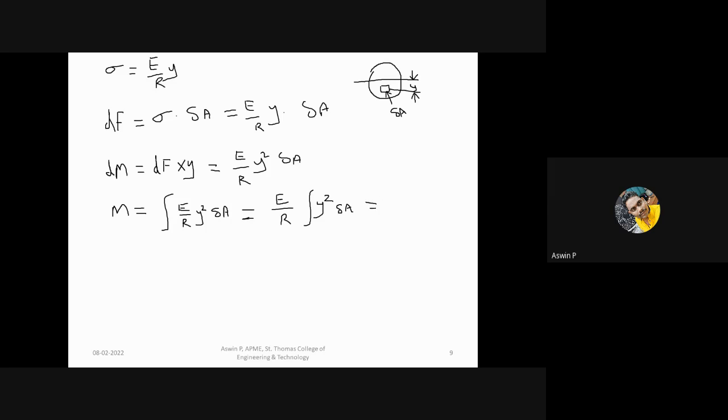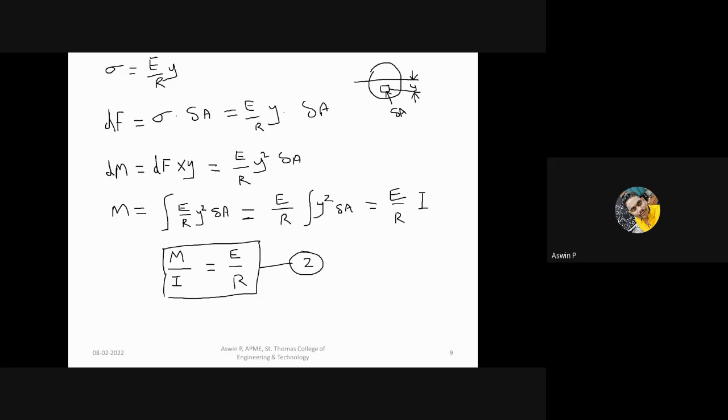So this will become E by R into capital I. So M is equal to E by R into I. Substituting this, M divided by I is equal to E by R. This will be the second equation.